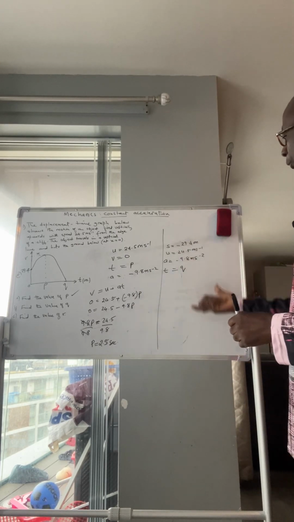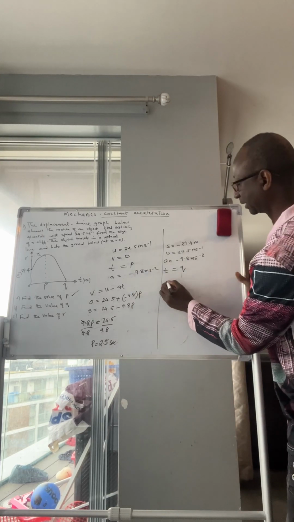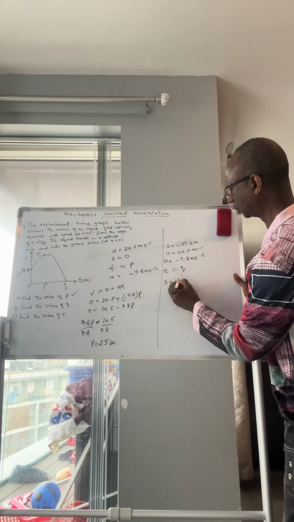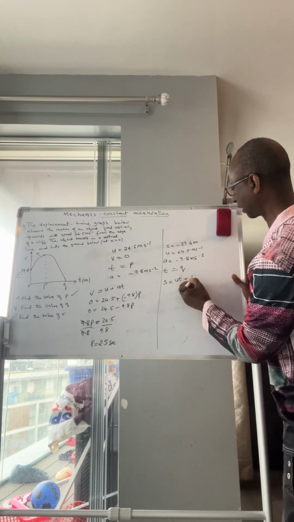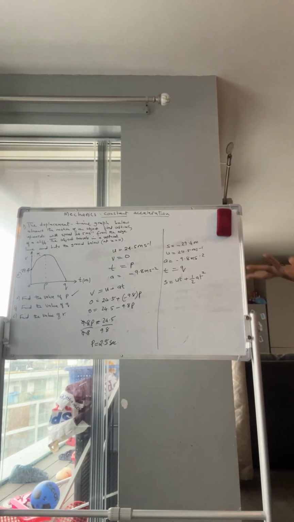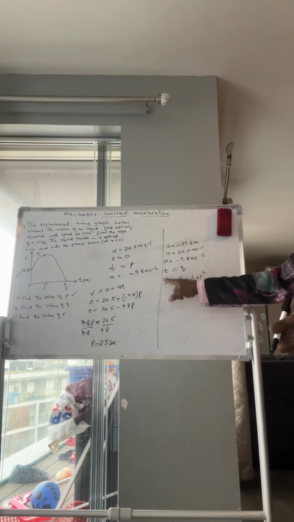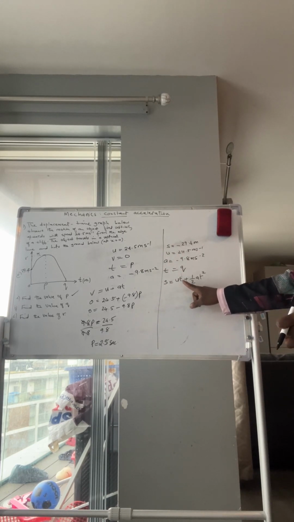What formula do we use? So you can see S equals UT plus half AT squared. This is the most appropriate formula to use with this information we have. We got the U, we got the S, we got the A. T is not given.